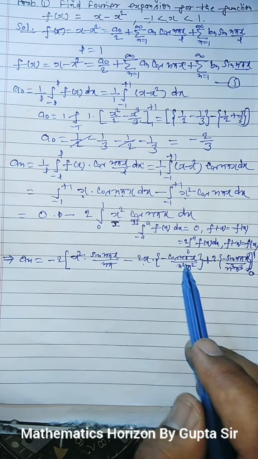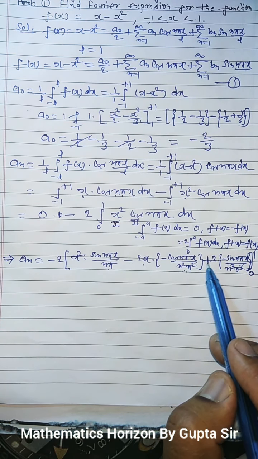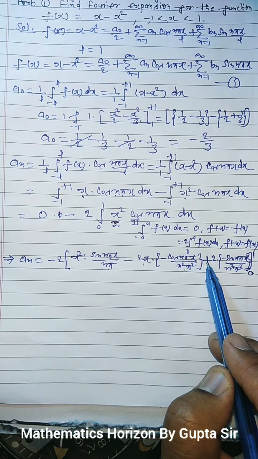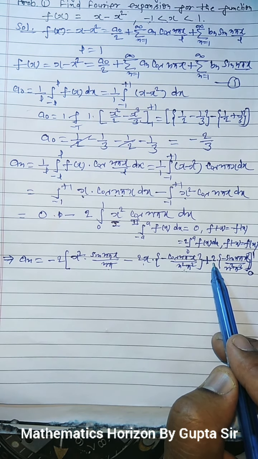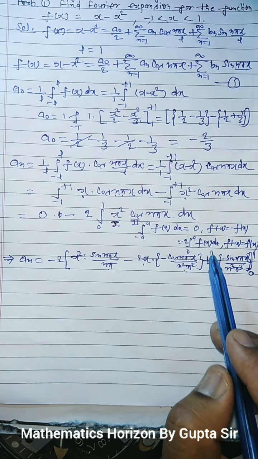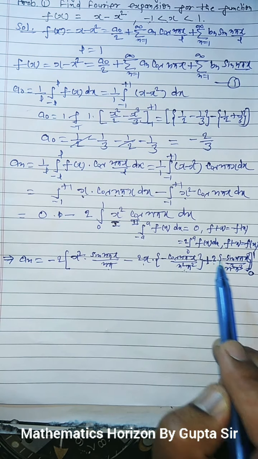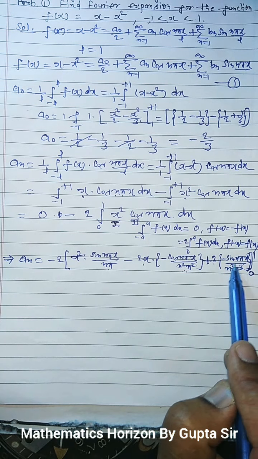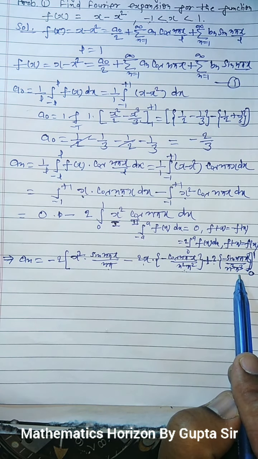Differentiation of this is 2 and integration of this is minus sin n pi x upon n cube pi cube.